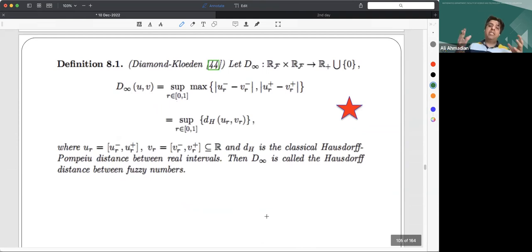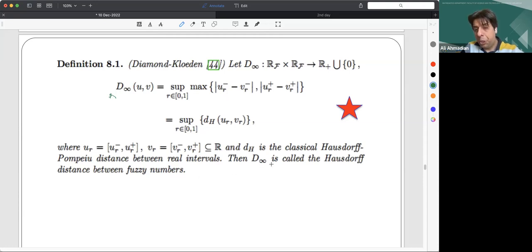The more expanded definition, which you can see in most fuzzy differential equation articles and textbooks, gives the Hausdorff distance between two fuzzy numbers.